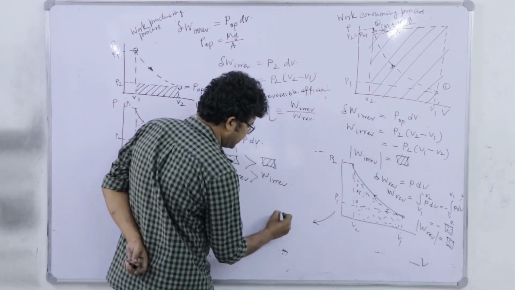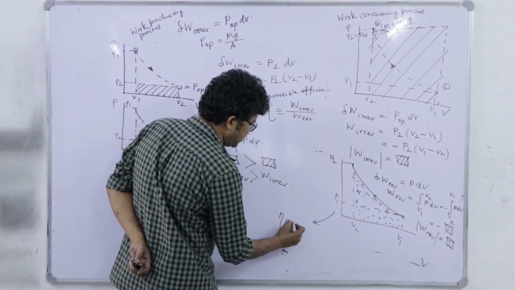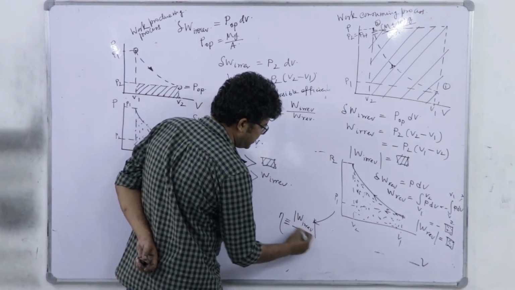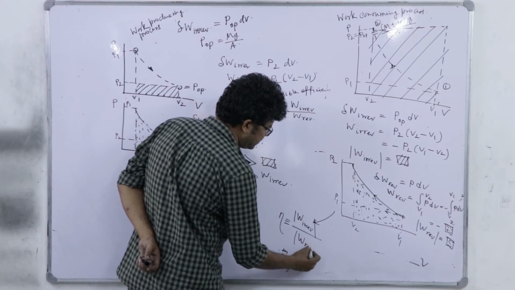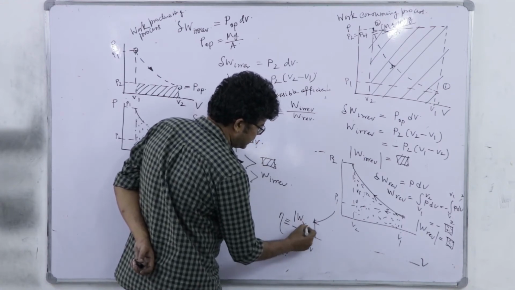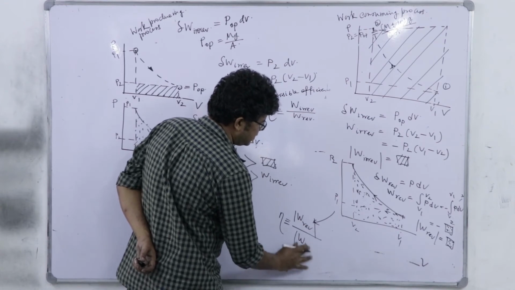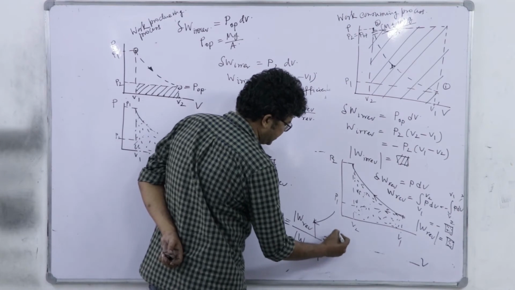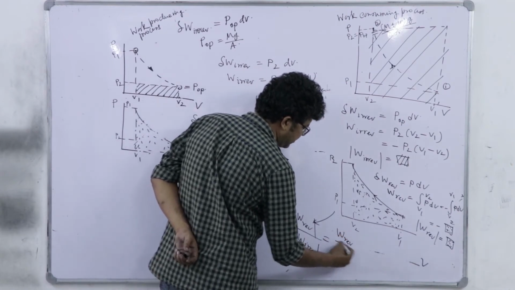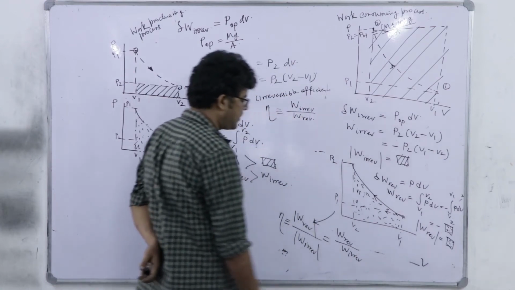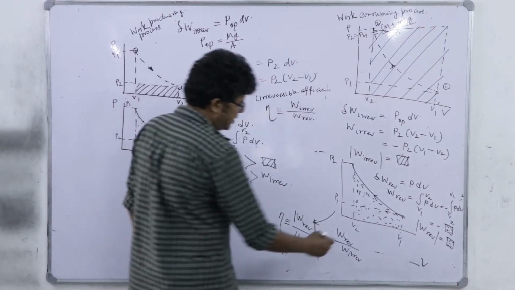So here irreversible efficiency, eta, will be defined as mod of W reversible divided by mod of W irreversible. But basically even if we remove this mod sign, it will be same because the minus sign will cancel out, right? And again it is less than 1.